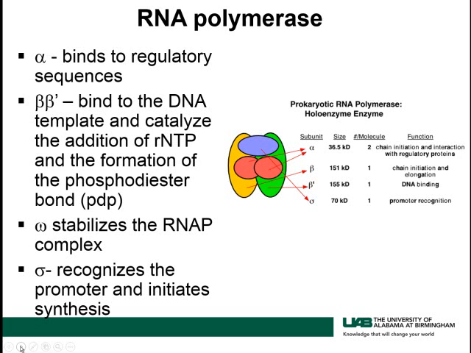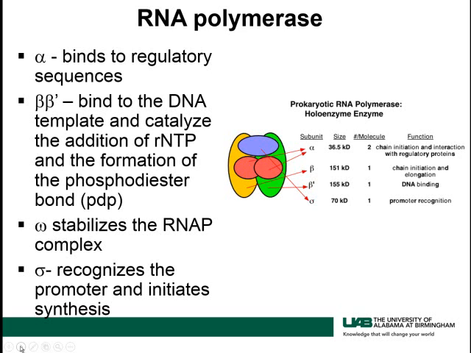Well, the alpha subunits bind to the regulatory sequences in the promoter region of the gene that is going to be transcribed. And the beta and the beta prime subunits then bind to the DNA template and catalyze the addition of ribonucleotide triphosphate and the formation of the phosphodiester bond, abbreviated PDE.